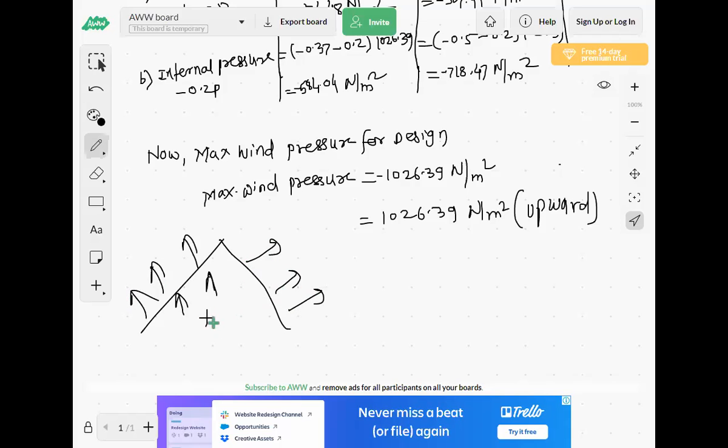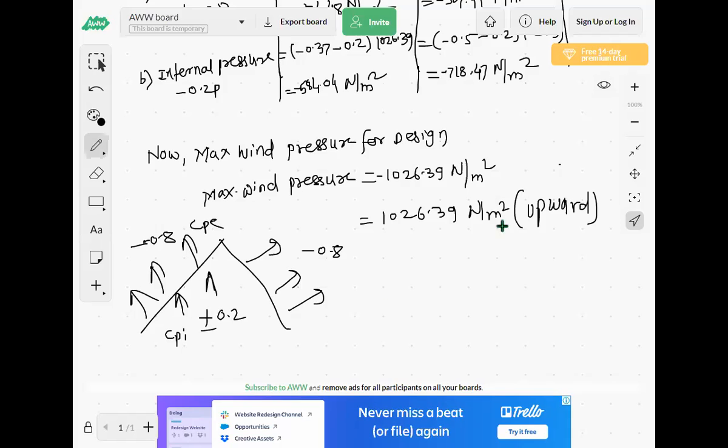So addition of this plus minus 0.2 p and addition of this 0.8. Due to this combination, our maximum wind pressure 1026 came here, and this 1026.39 Newton per meter square is upward due to this combination of CPE and CPI.